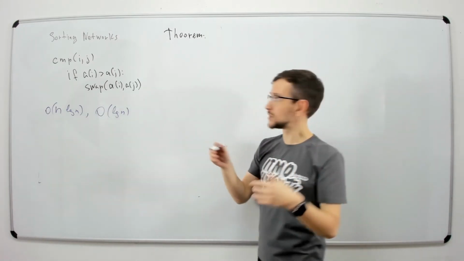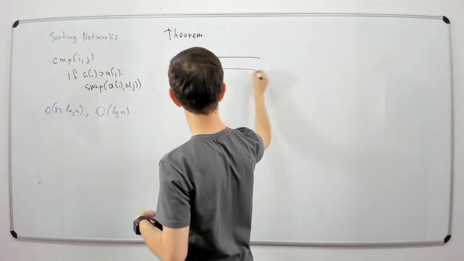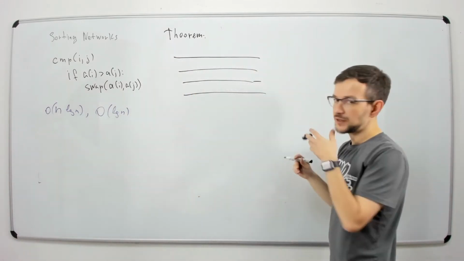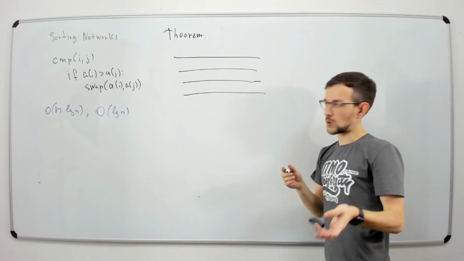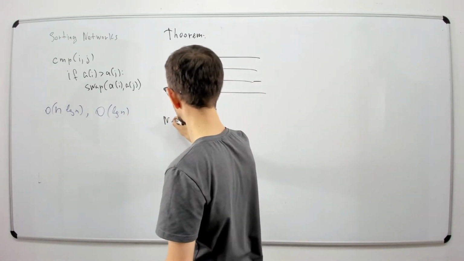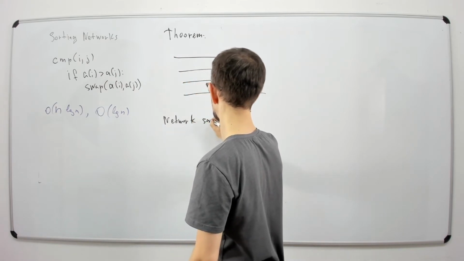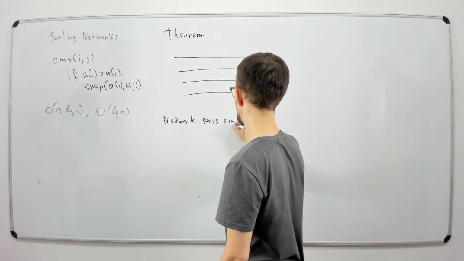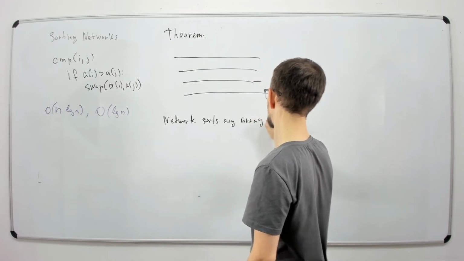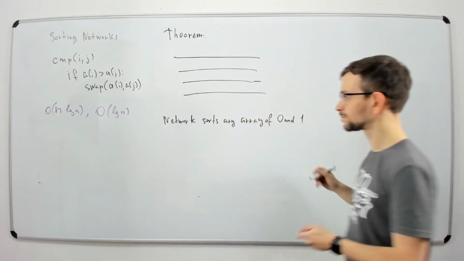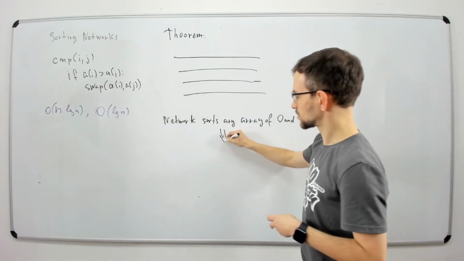If you have a sorting network, and it sorts any array of zeros and ones, then it sorts any array.